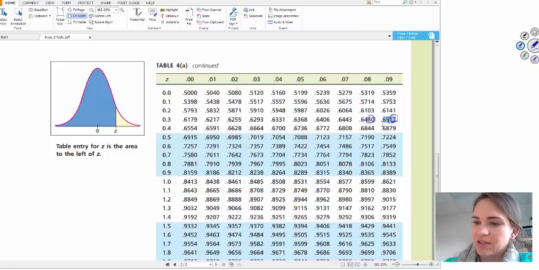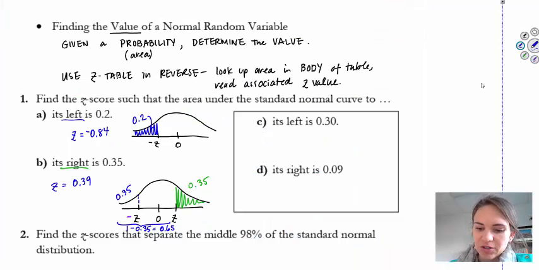So this guy's the winner, he's closer, that's 0.39. So that confirms what we found using the symmetry. If we looked for this area to the left, we also found that z was 0.39. So that's how we can find values from the z-score, to the left or to the right.